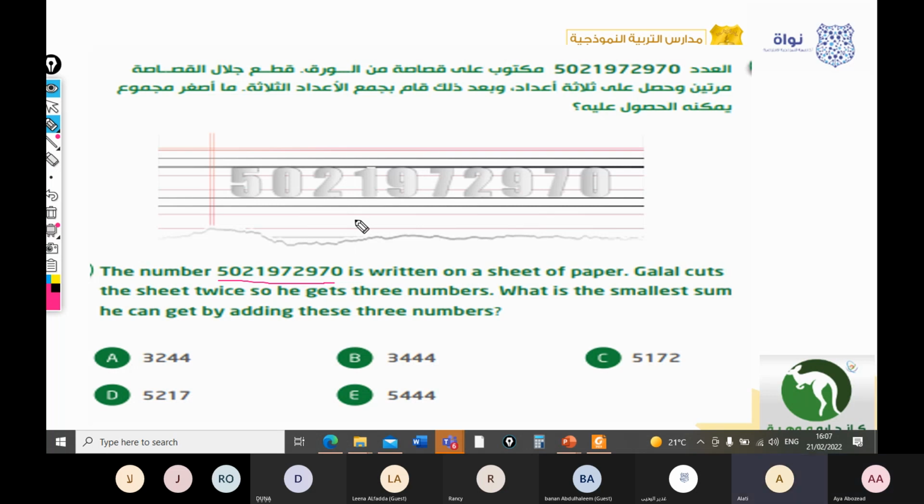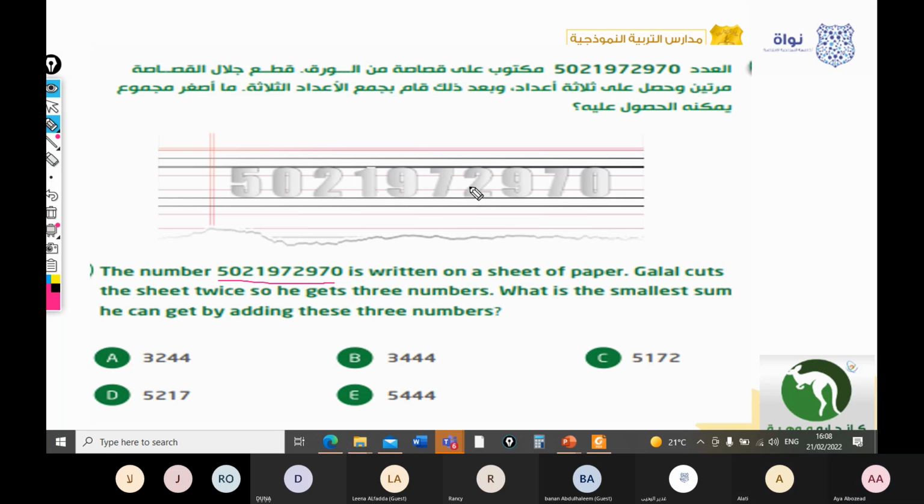The number is 5,021 and one. So between 5 and 0, between 0 and 2, between 2 and 1. So I will cut between which 2 numbers? Between 50 and 29.